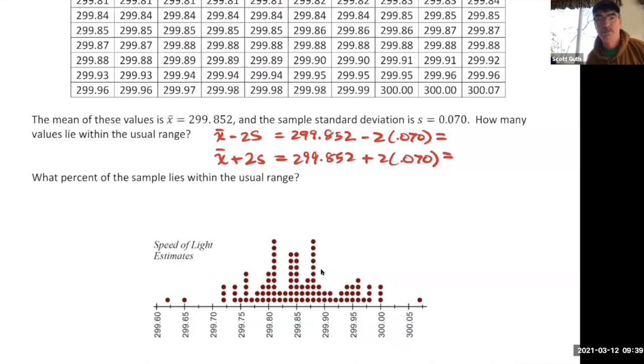Any answers? 299.712. Okay, 299.712. You guys correct me. I think the upper one is 299.992.